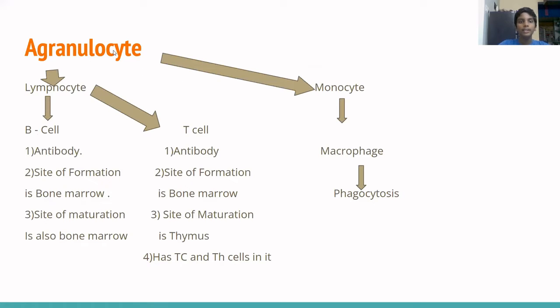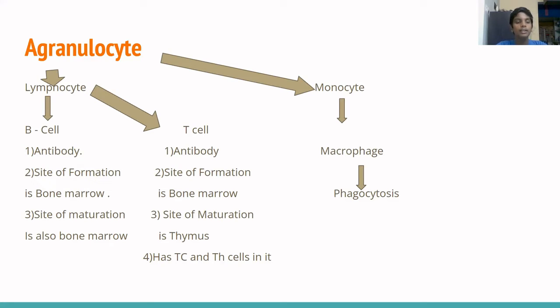Next come the agranulocytes. There are two kinds of agranulocytes, lymphocyte and monocyte. Lymphocytes are again divided into two types of cells, B cell and T cell. B cell and T cell are both antibodies. The site of formation of both is bone marrow, but they get their name from the site of maturation.